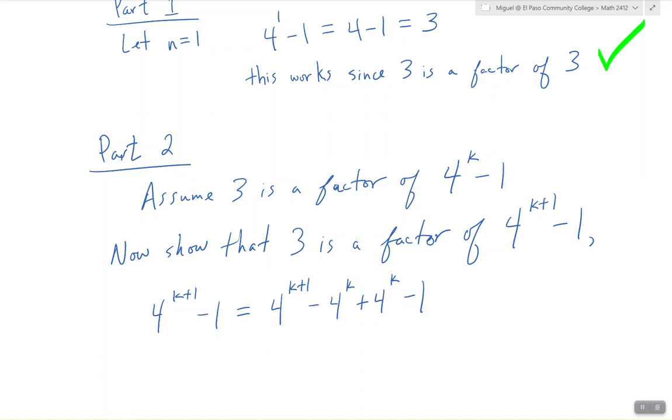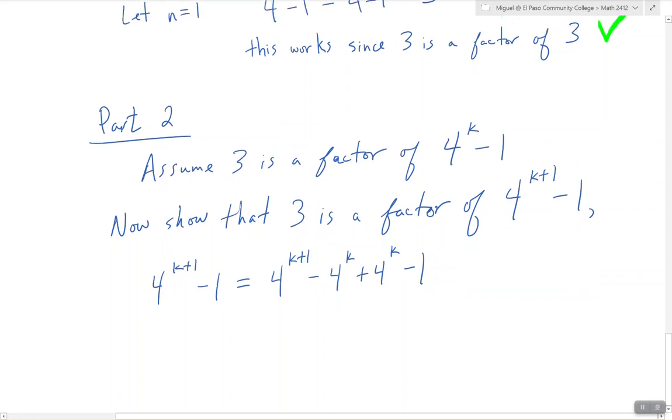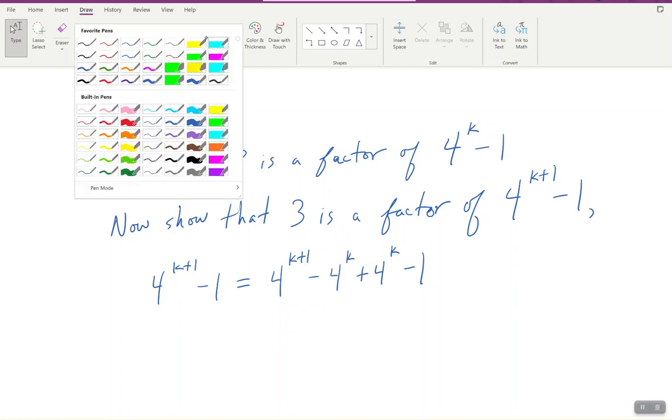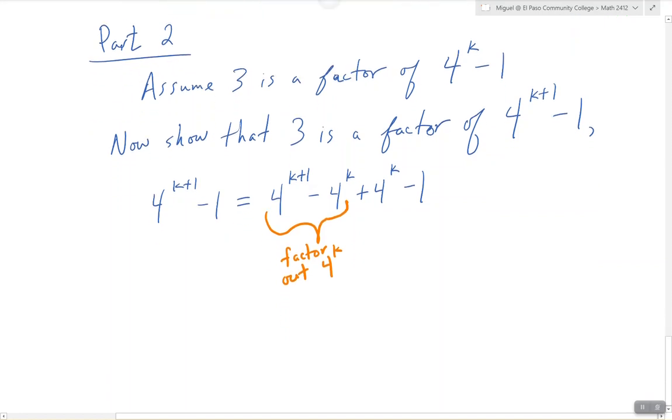The reason we're doing this is because we want to try to factor out 4 to the k from the first part. So we're going to treat this as two separate things here. So I'm going to do 4 to the k.